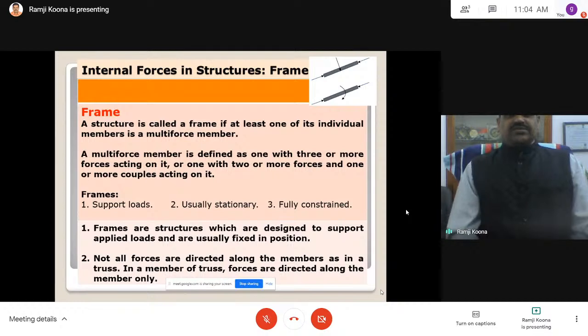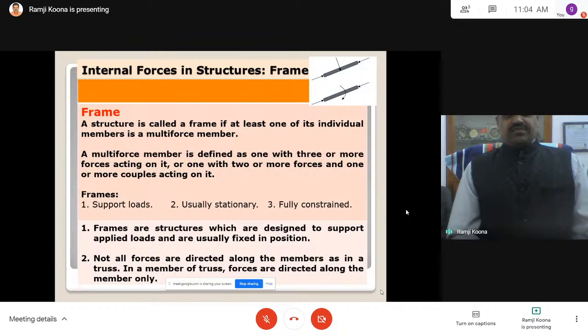Suppose here in a plane truss we have 3 equations: sum of forces in x direction is 0, sum of forces in y direction is 0, sum of moments about z is 0. If the number of unknowns is more than that, let us say 4, and available equations are 3, then 3 equations are not sufficient to get the unknowns. That is what is called a statically indeterminate structure. This is how statically determinate and statically indeterminate structures differ.